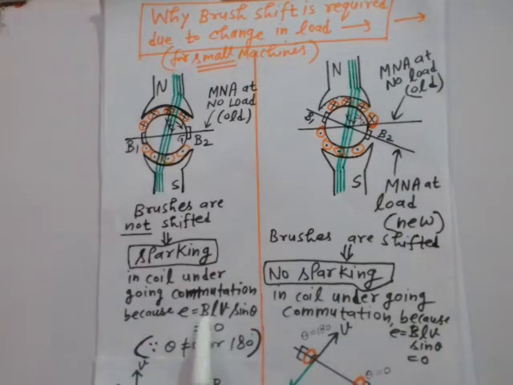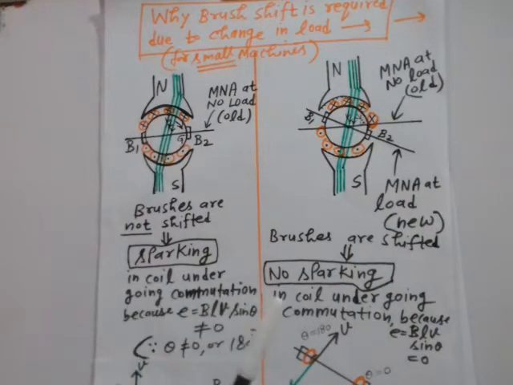So B is the magnetic field, L is the length of the armature conductor, small v is the peripheral velocity of the armature coils, right? And theta is the angle between B and v, right?